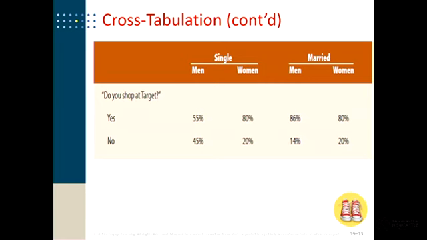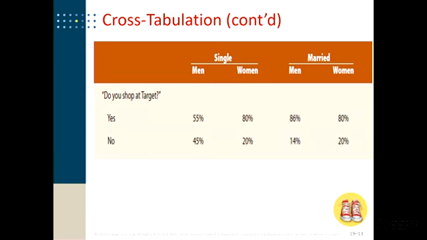When our respondents are single, 55% of men said yes and 45% said no. And when they are single, 80% of women said yes and 20% said no. But when they get married, as far as men are concerned, 86% of them said yes and 14% said no. And in terms of women, 80% said yes and 20% said no. Now, this is actually an elaboration analysis, you can say, that you are extending.